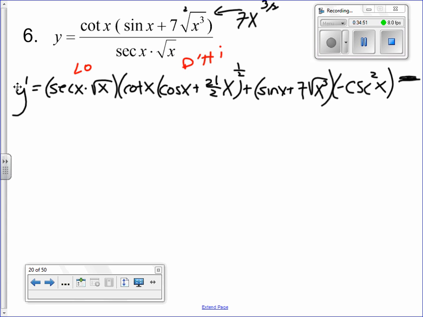All right, see where? This is a quotient. So we have low, that's right here. For D high, we had to use the product rule. That's why it's a big old expression. Yeah, we took the derivative of the first.